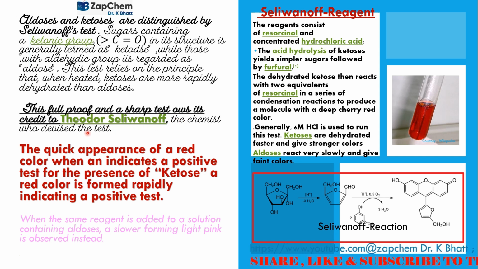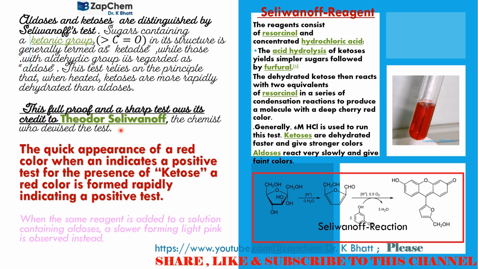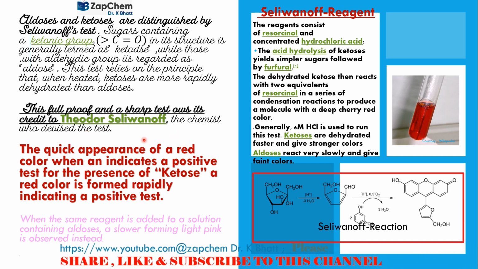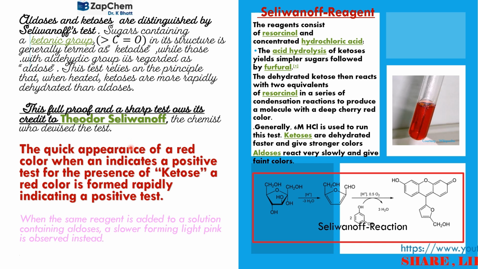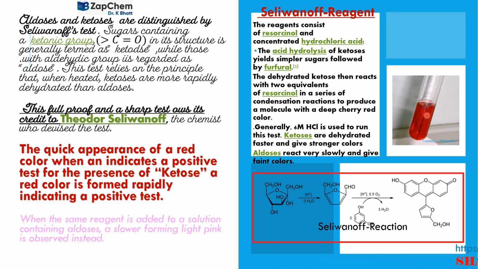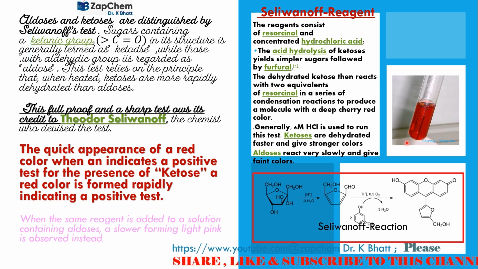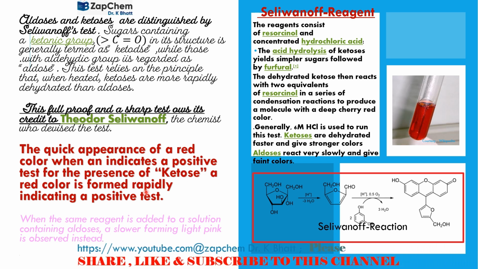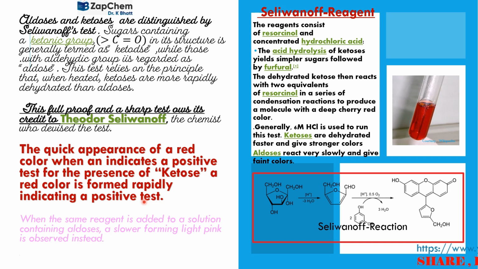Credit goes to Theodore Seliwanoff, the chemist who devised this test, and the quick appearance of the red color, known as cherry red color, represents the presence of ketoses. Aldoses also undergo this reaction, but the reaction is not fast and we get a faint pink or light pink color.